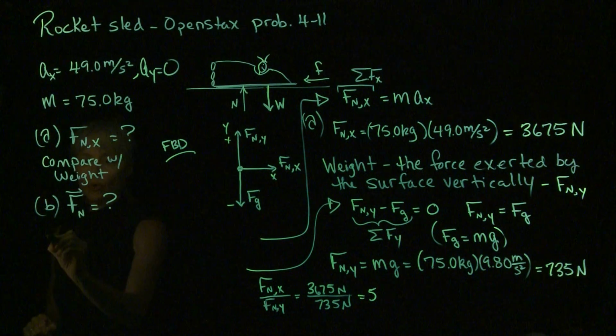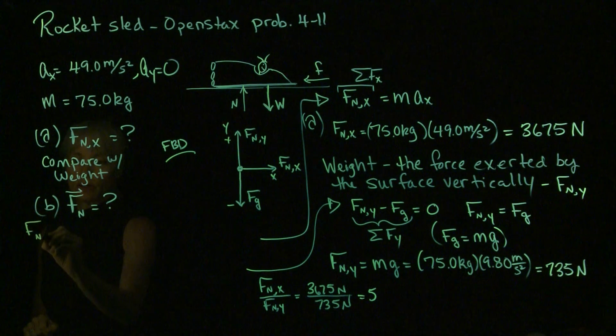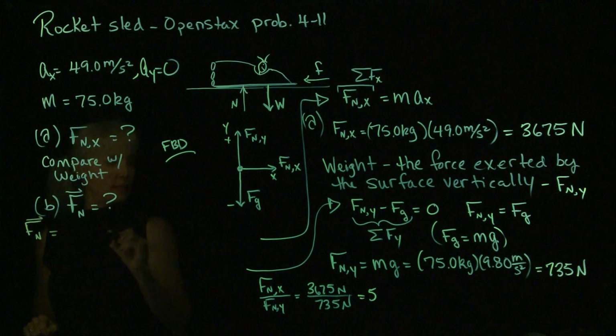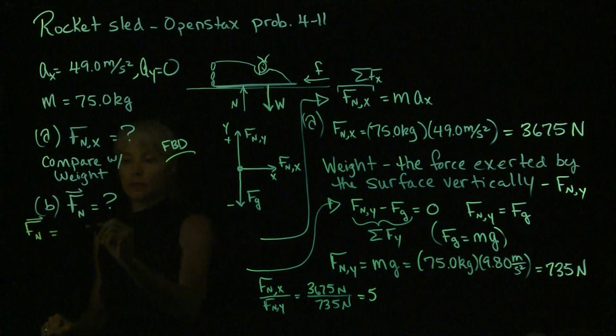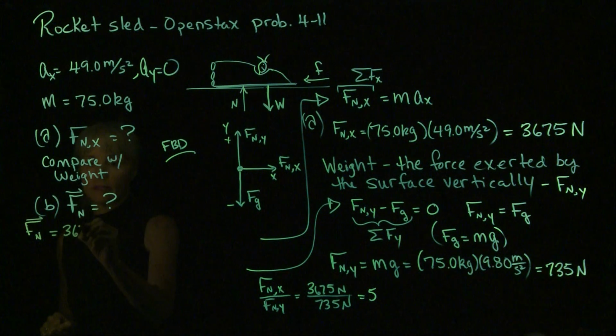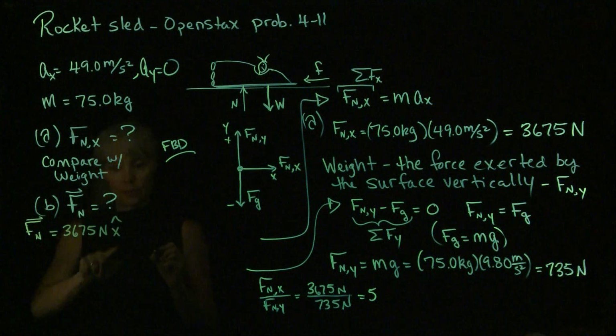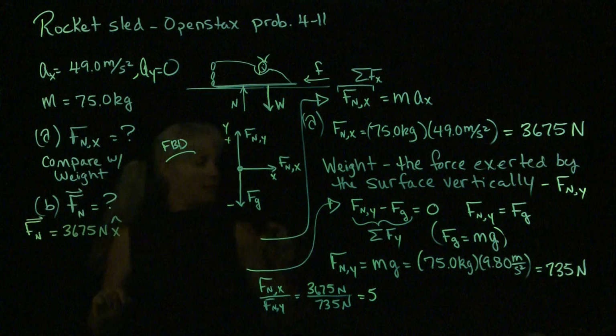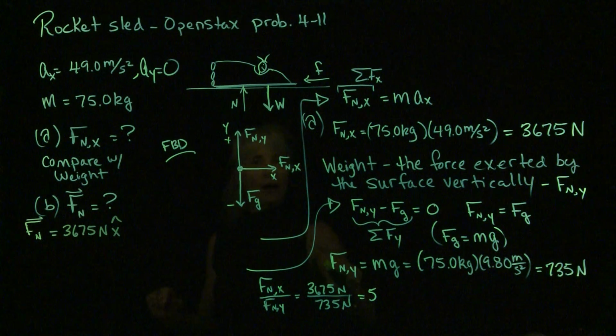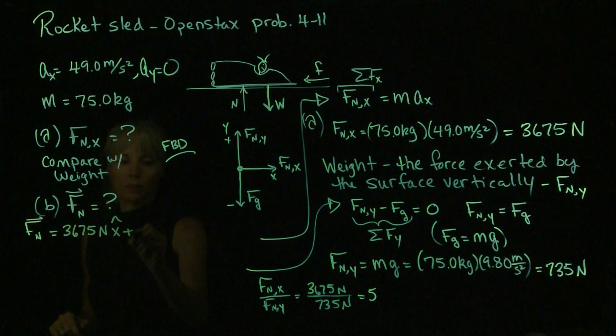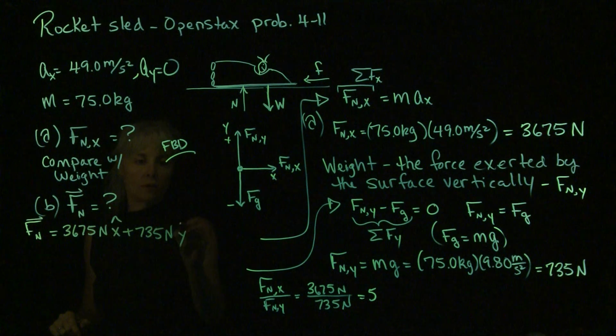So in other words, I can put Fn in component form right now. Fn is equal to, along the x-axis, 3675 newtons along the positive x-axis, and then plus 735 newtons along the positive y-axis.